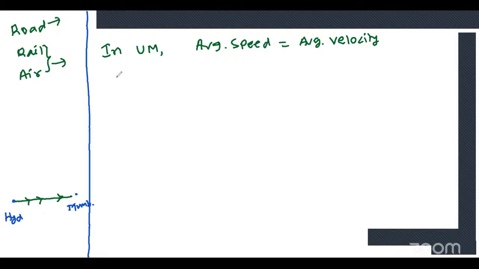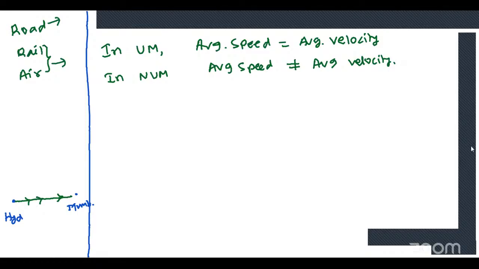Whereas in non-uniform motion, displacement and distance are different. So I can say average speed is not equal to average velocity.